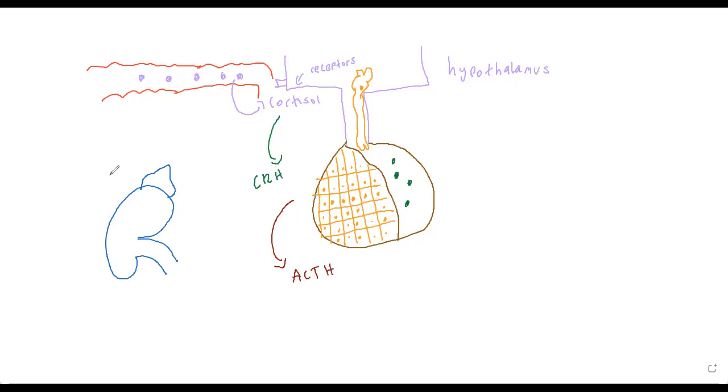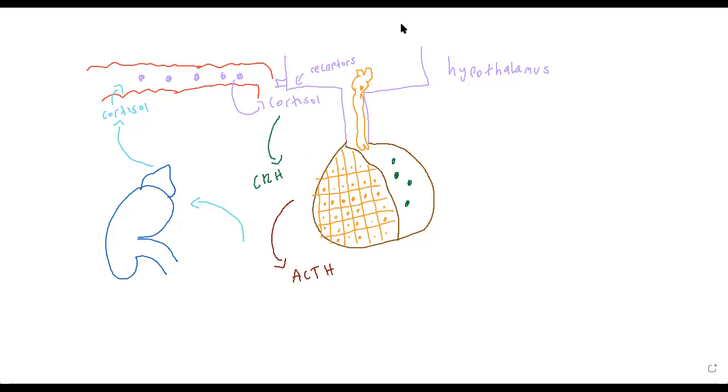And amongst other things, the adrenal gland is going to receive ACTH, and depending on the amount of ACTH received, is going to secrete cortisol into the bloodstream. The hypothalamus is going to detect the levels and adjust it accordingly.